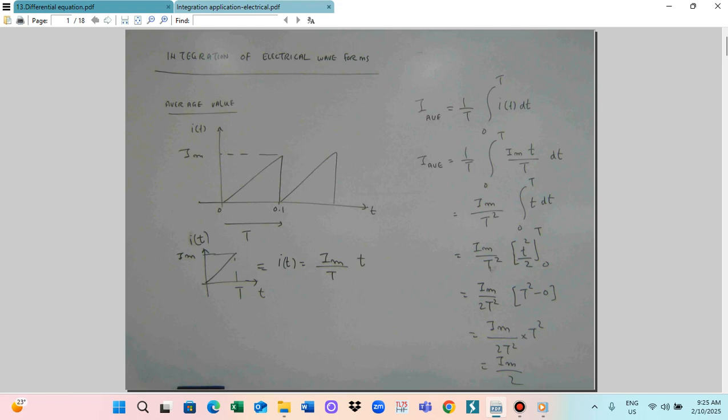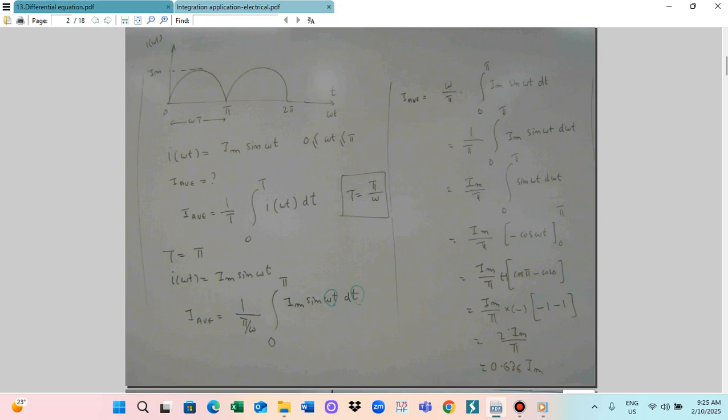And you can also make the integration of the sine wave, the sinusoidal wave. The waveform will be like this. This will be the half sine wave. This starts from 0 to pi here, and this is 2 pi. The horizontal axis is omega t.